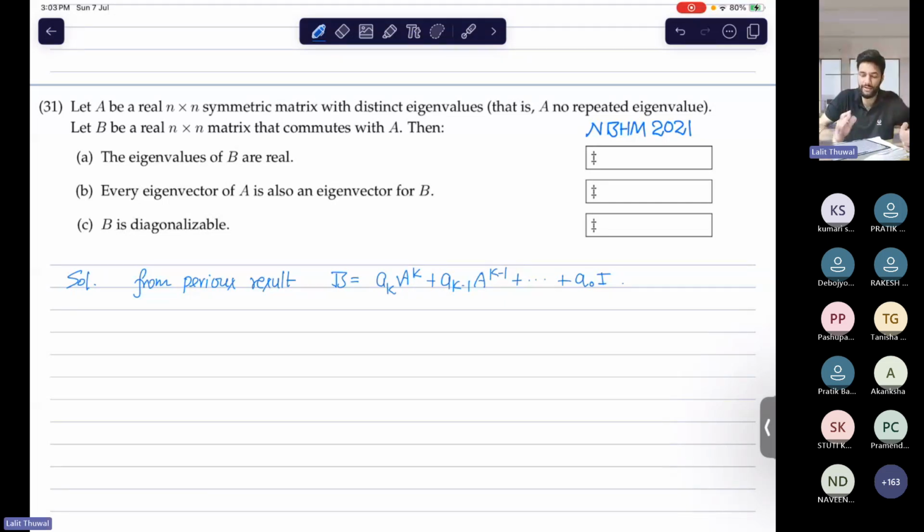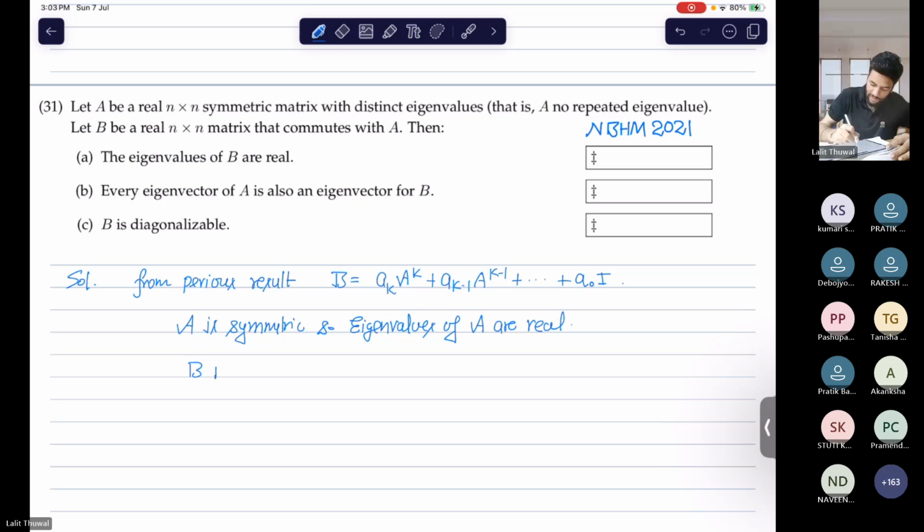Now we can look at the options. The eigenvalues of B are real. First of all, A is symmetric, so eigenvalues of A are real. B is also symmetric, so eigenvalues of B are real. Why is B symmetric?